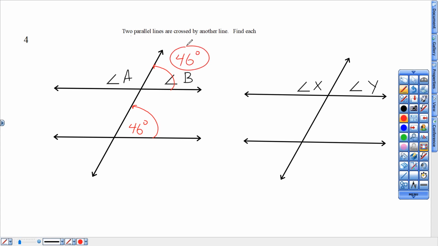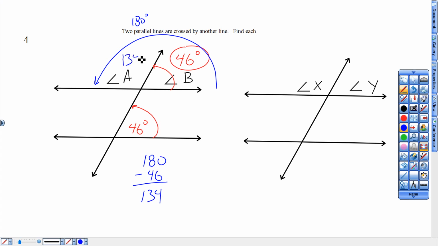And if I want to find angle A next to it, just take 180 and subtract that 46. That will give me that missing angle. So 180 minus that 46 to see what pluses up to give you 180 gives me 134 degrees. Make sure you put that in the right spot.